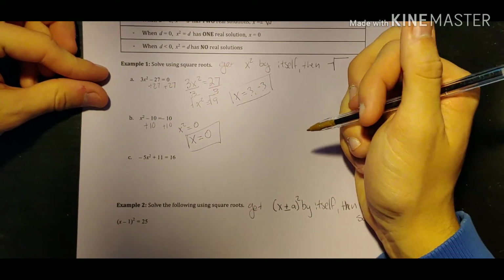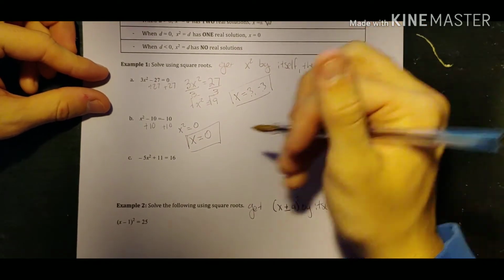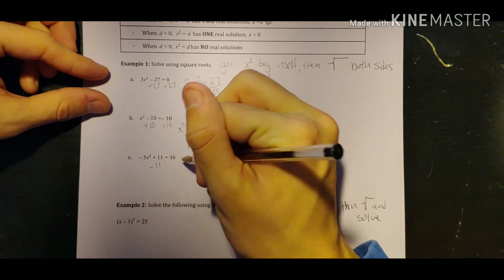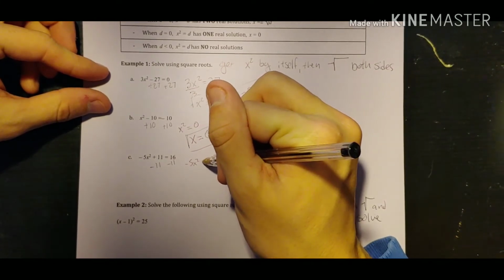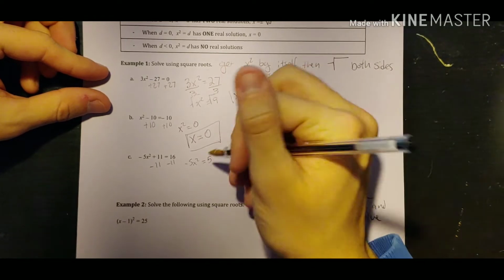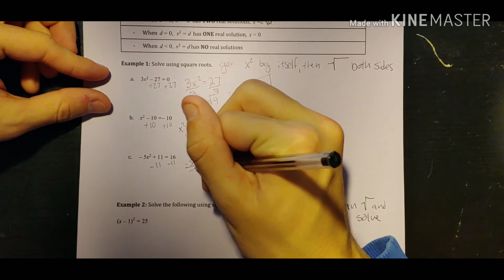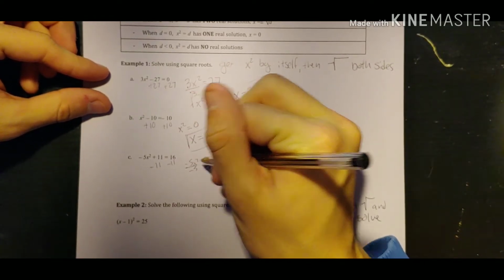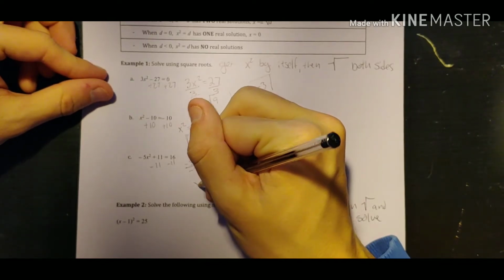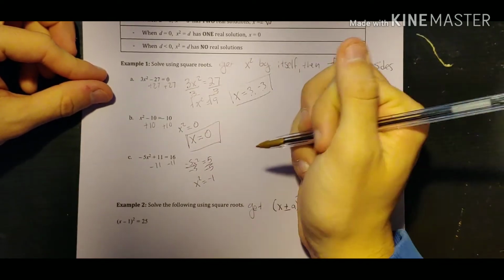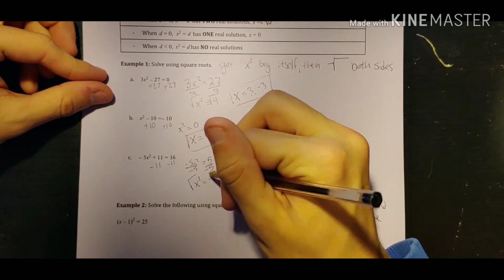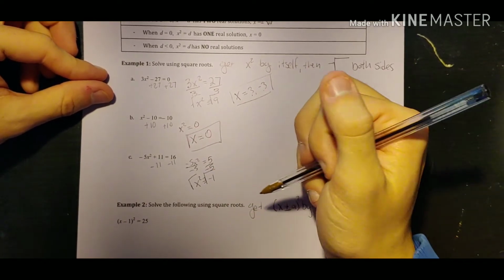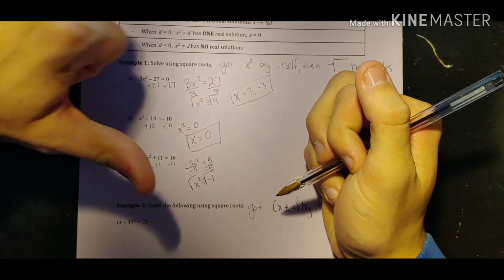All right, and then this last one right here, subtract 11 from both sides to start. So negative 5x squared equals 5. And then I just need to get rid of that negative 5 in front of my x squared. So I get x squared equals negative 1. And then if I take the square root of both sides, can I take the square root of a negative number?